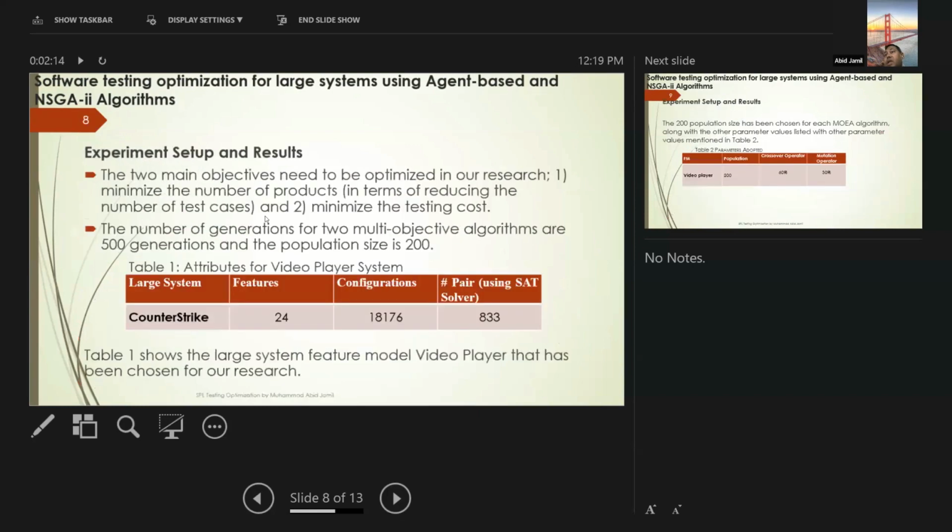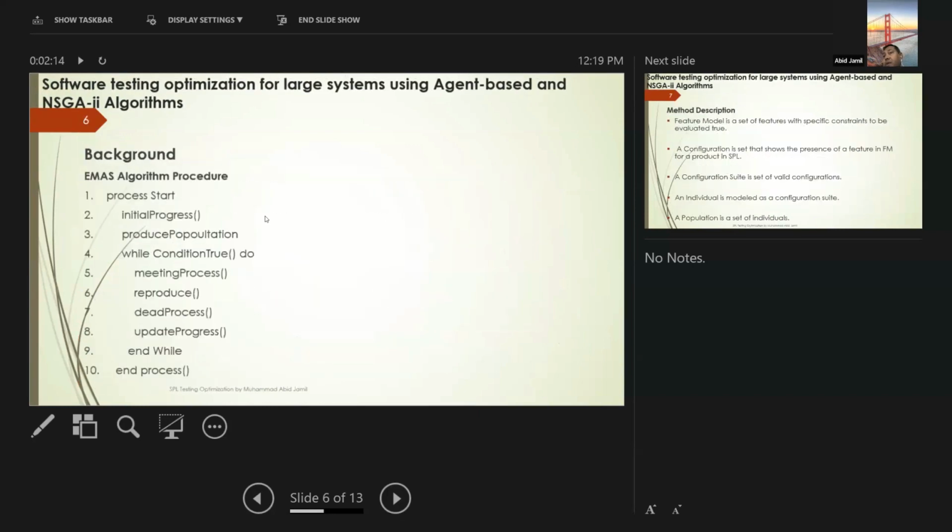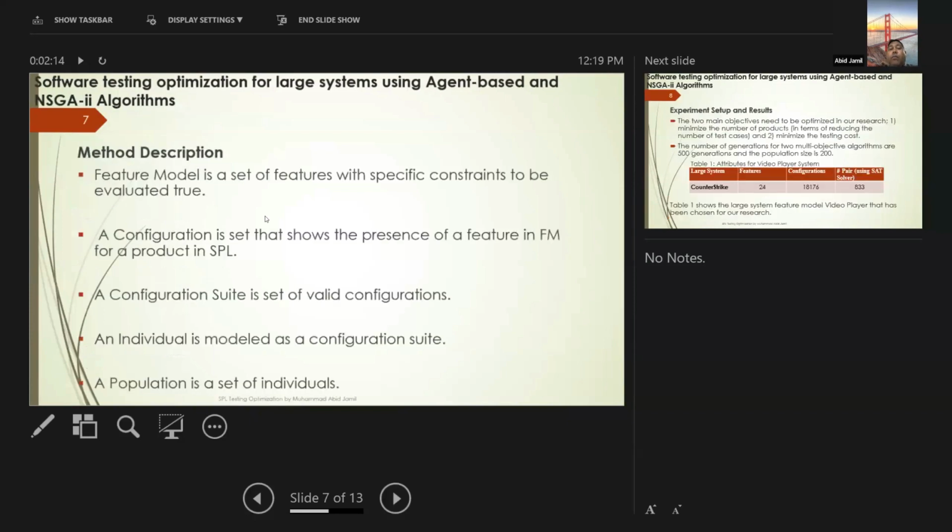Then we reproduce, and we stop the process or update the process depending on whether we get the optimized solution or not, and finally we end the process.